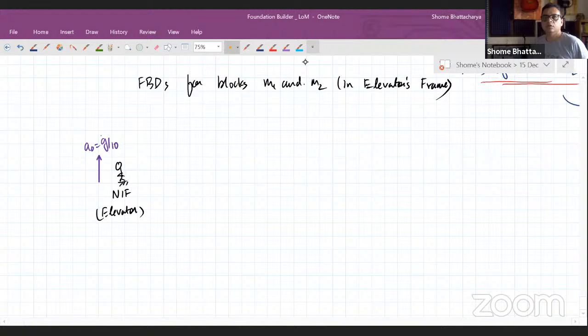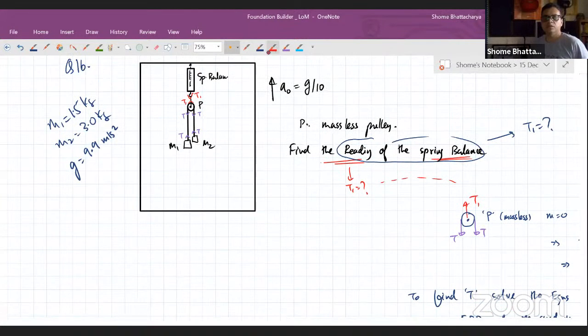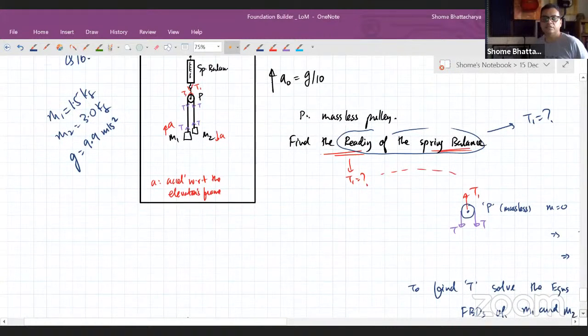Okay. Now in this frame, suppose we assume that M2, being the heavier block, is coming down with some acceleration A, and M1, being the lighter block, is going up with acceleration A. So this A is the acceleration with respect to the elevator's frame, or with respect to the pulley, because the pulley is attached in the elevator's frame.